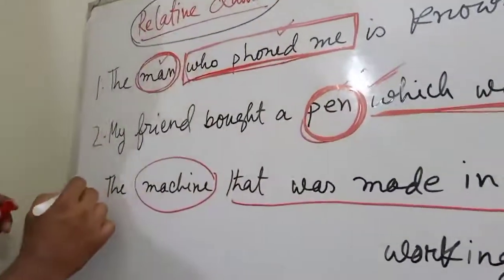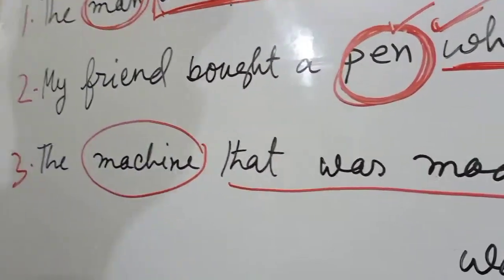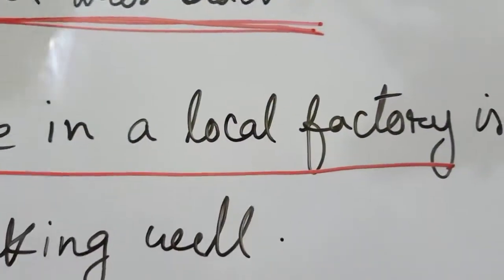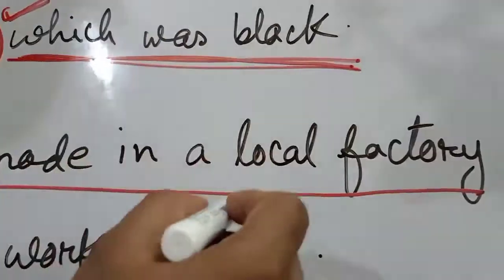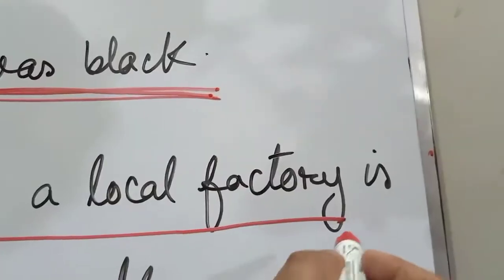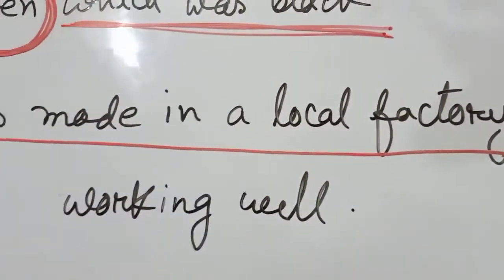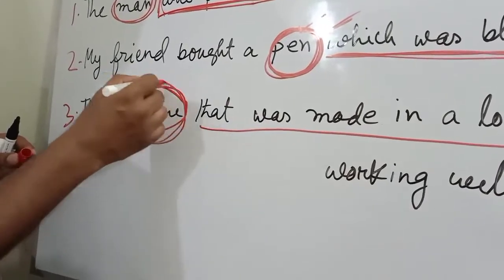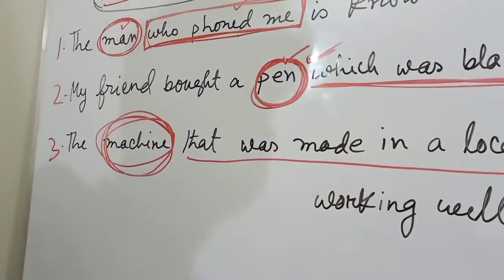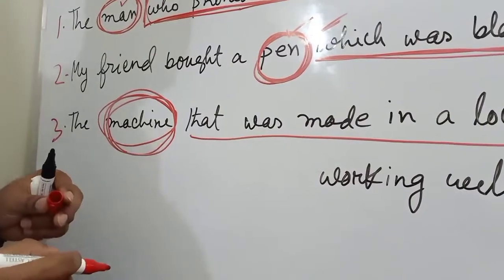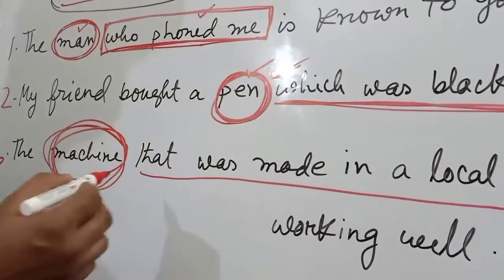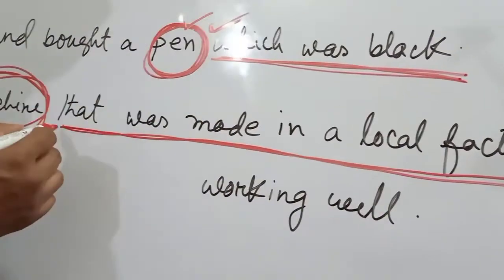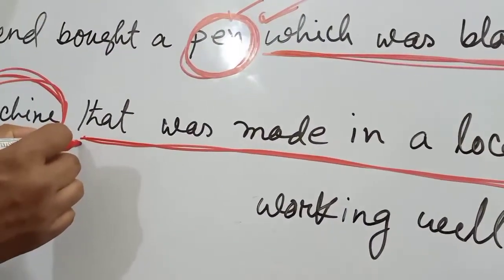modifier. In the third example, the machine that was made in a local factory is working well. Which machine? The machine is the word to be modified by one clause, a relative clause. Which machine? The machine made in the local factory, and it is a relative clause.